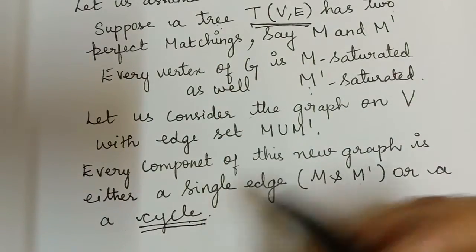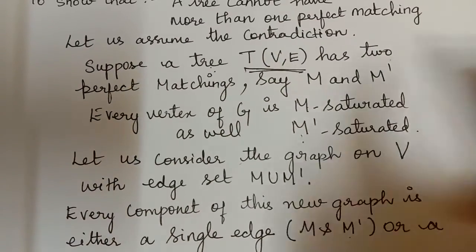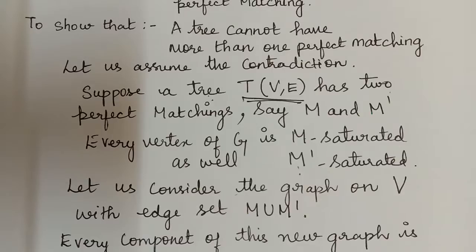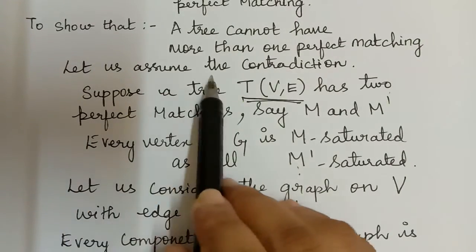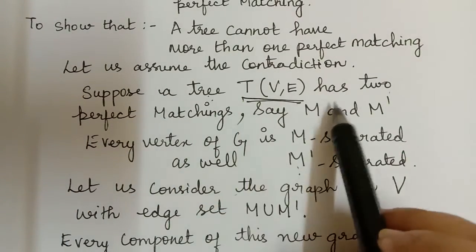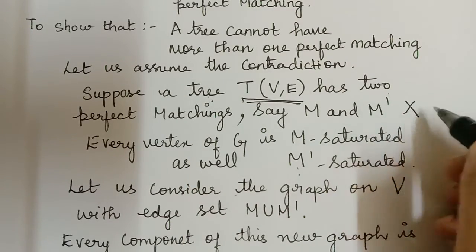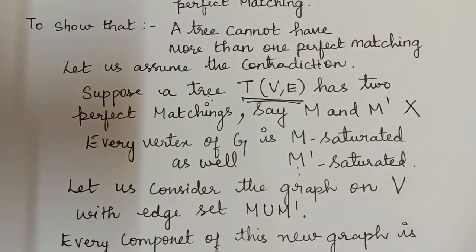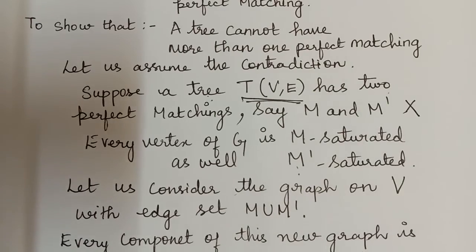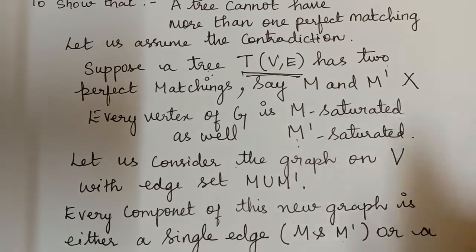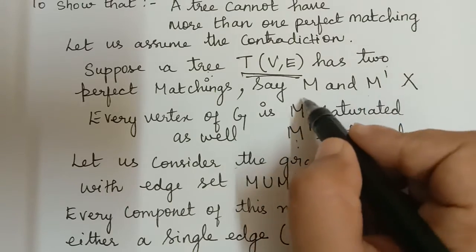So because of this contradiction, our assumption that a tree has two perfect matchings cannot be true. So our assumption is wrong. Therefore, we can conclude that both M and M dash are the same.